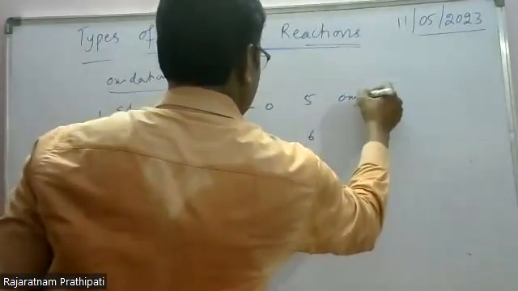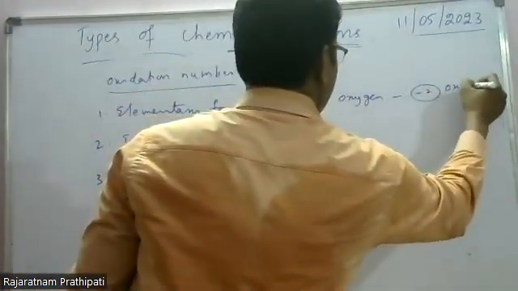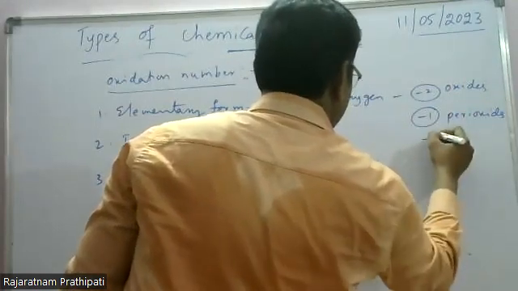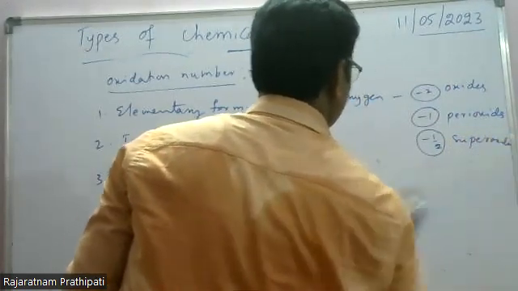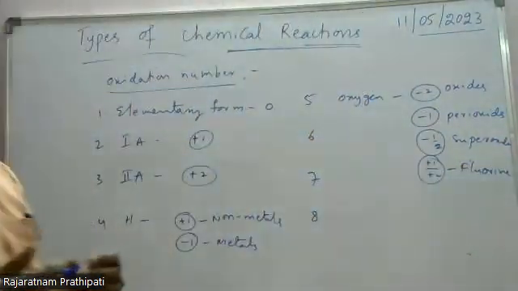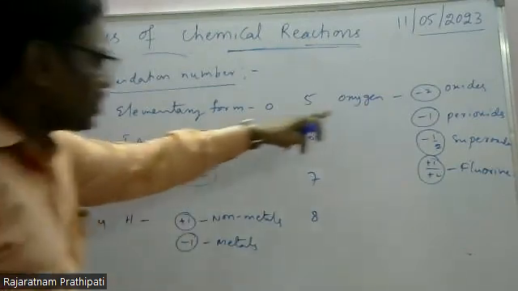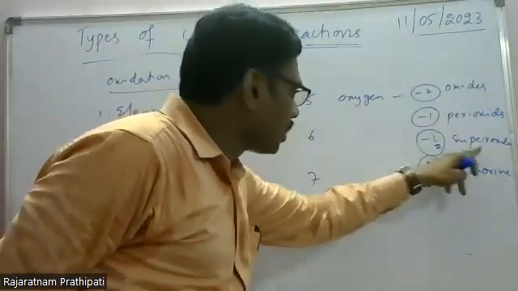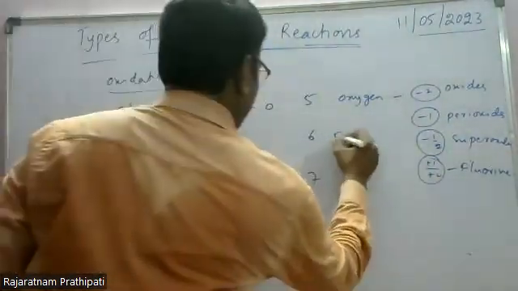Oxygen has different oxidation states: -2 in oxides, -1 in peroxides, -1/2 in superoxides, and +1 or +2 with fluorine only.